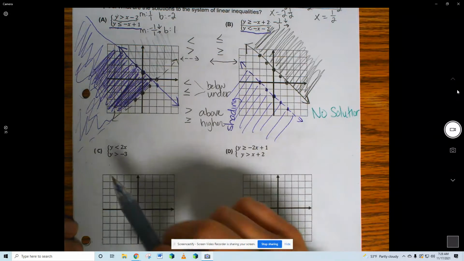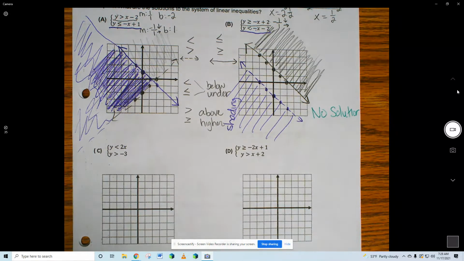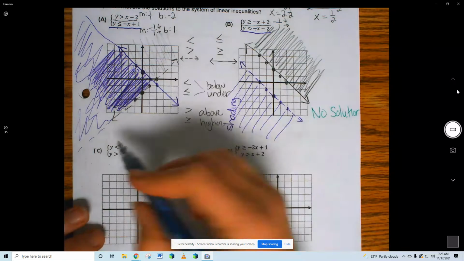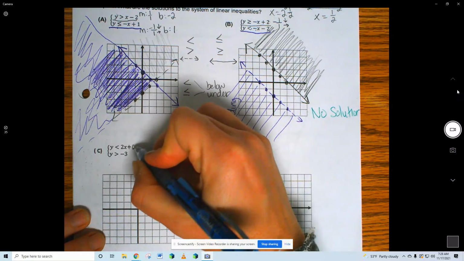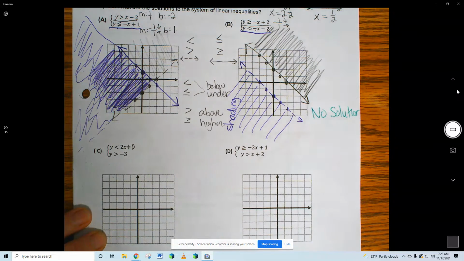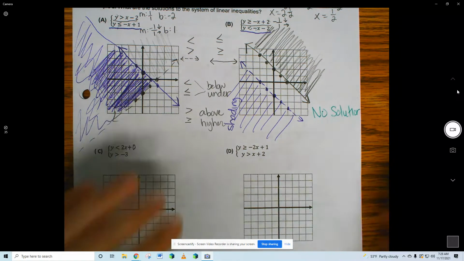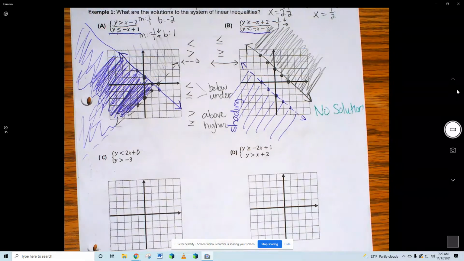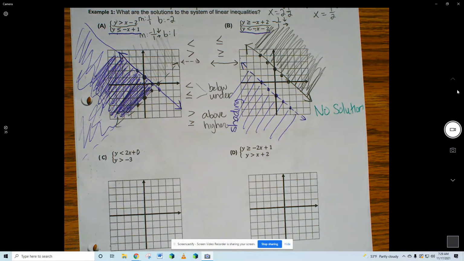All right, let's just do C, and then I'll start doing a problem from homework. This first equation, by the way, basically says 2x plus 0. I'm also going to, hold on. I want to add in the third equation on this. I'll write it in just a second.